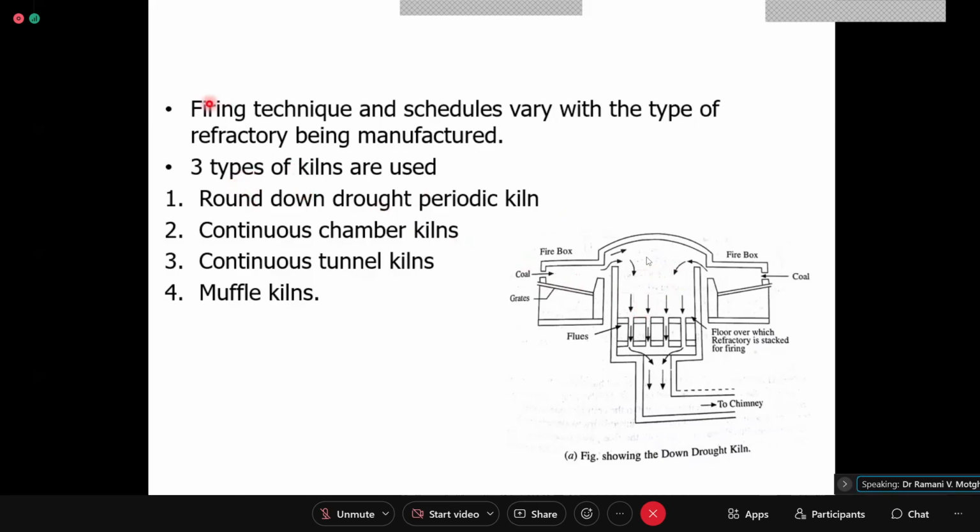So firing technique and schedules vary with the type of refractory being manufactured. Types of kilns used are: round down draught periodic kiln, continuous chamber kilns, continuous tunnel kilns, and muffle kilns. Kilns means the place where very high temperature is maintained for a longer time.